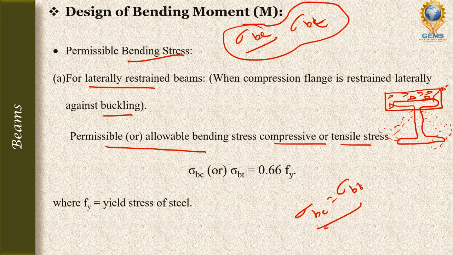So sigma bc and sigma bt will be the same for laterally restrained beams, equal to 0.66 fy, where fy is the yield stress of steel. So if it is laterally restrained, our sigma bc or sigma bt is equal, with the value 0.66 fy.